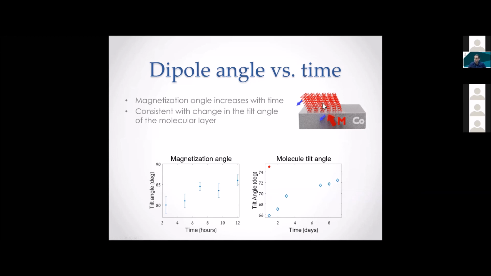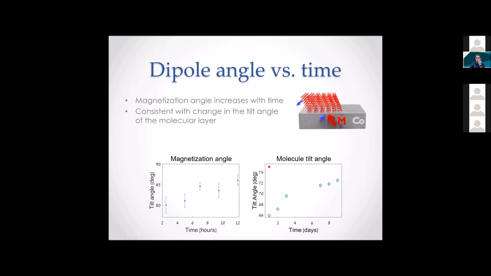So essentially measuring the height of the monolayer as a function of time and extracting from that the tilt angle of the molecules. And one can see that although there's some quantitative discrepancies, we measure a correspondence between the change of the magnetization angle in the cobalt layer in the magnet together with the tilt angle of the molecules.